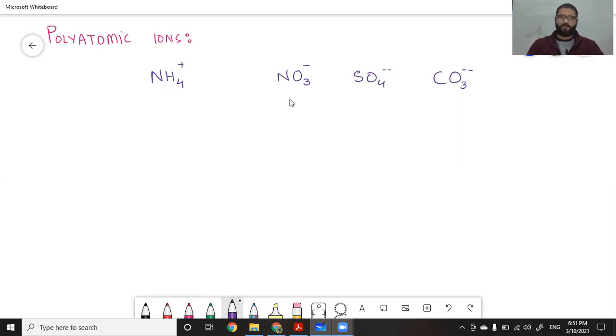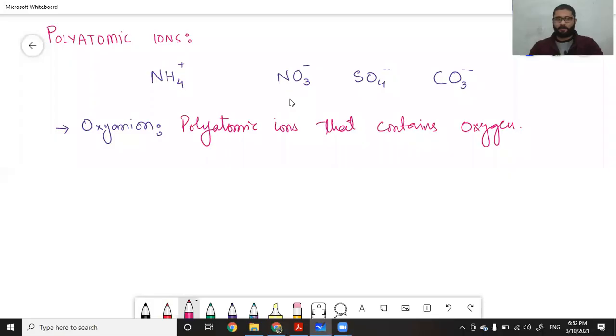In this case, we will focus on the negative polyatomic ions, and we will focus on oxyanions. The polyatomic ions that contain oxygen are called oxyanions.